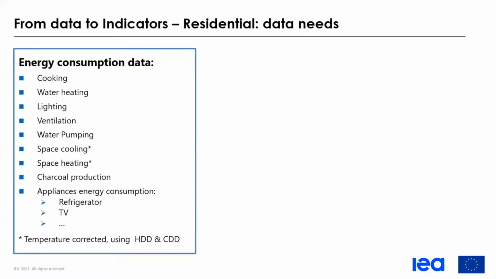In other words, when we analyze energy efficiency indicators for space heating and space cooling, we want to observe change in the energy consumption resulting from the energy efficiency improvements and not from the climate effect over this consumption. If the winter is harder, then it's very likely that people are going to consume more energy for space heating, for example. And we want to avoid this effect.